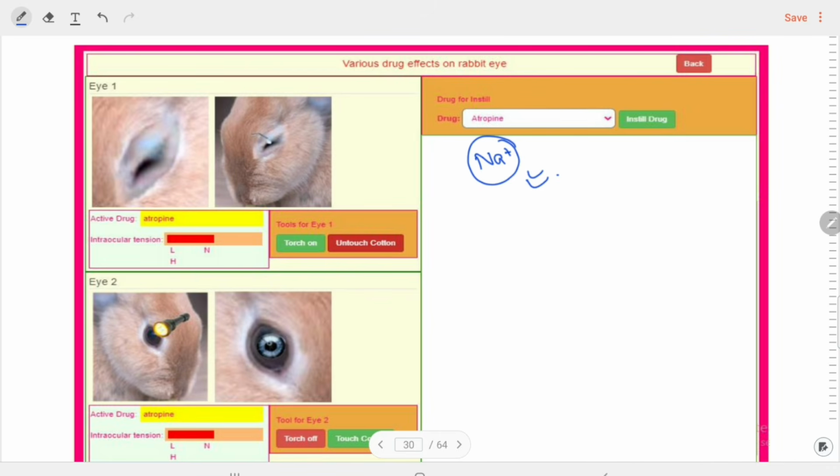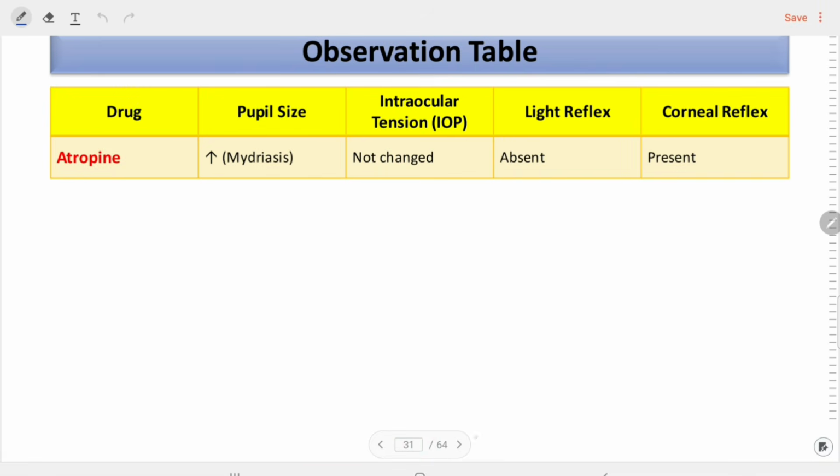So this is the action of atropine in the rabbit eye experiment. Atropine causes increased pupil size, that is mydriasis. This drug does not cause any change in the intraocular tension. The light reflex will be absent because of the blocking of the M3 receptors, and the corneal reflex will be present because of no role of the sodium channels, which are still activated.